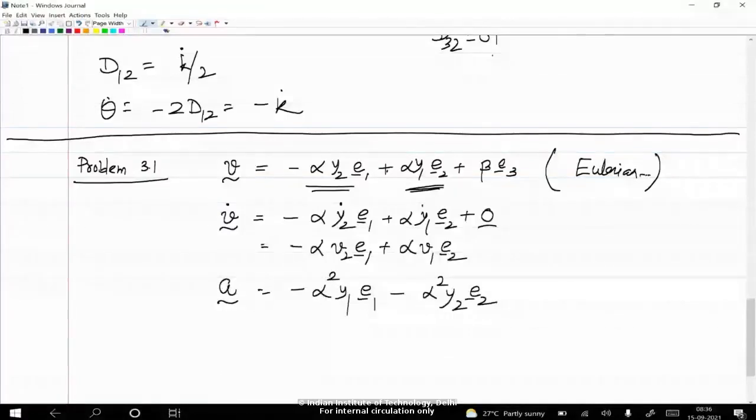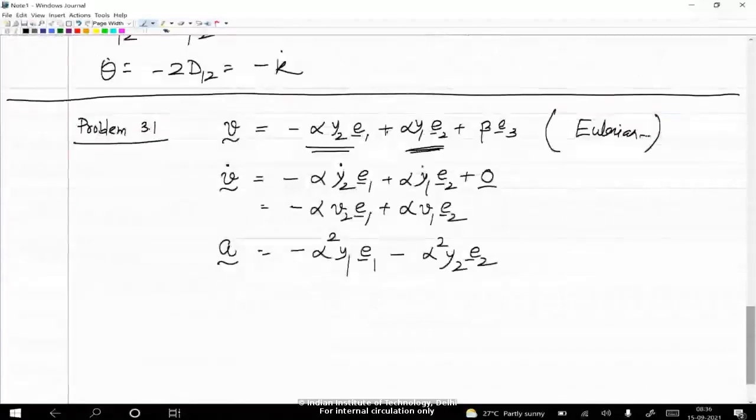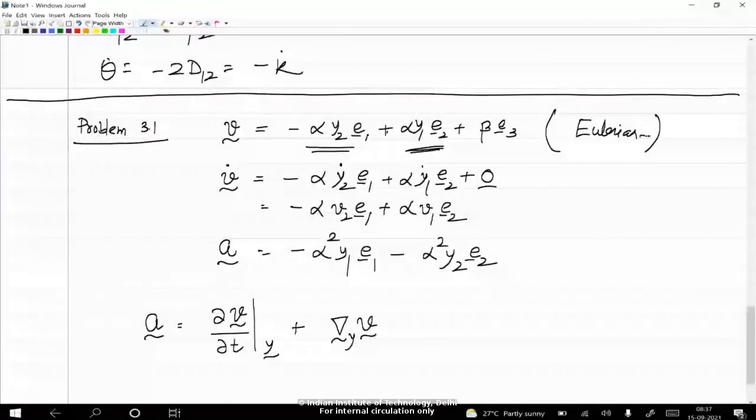So you see, this is from direct time derivative. But you could also think of using the formula. You remember what the formula of acceleration was in the Eulerian framework? That was the local derivative del v del t, keeping y fixed, plus the Eulerian velocity gradient, grad of v with respect to y, which is L, times the velocity itself.